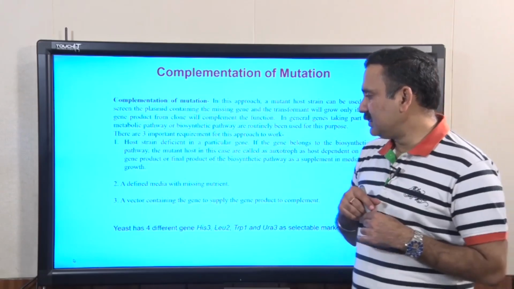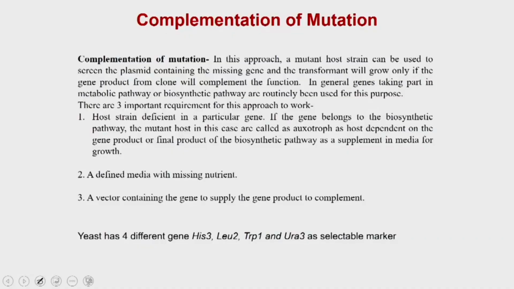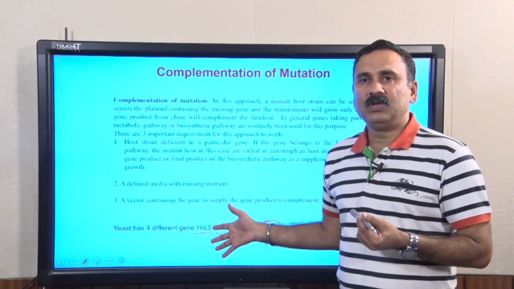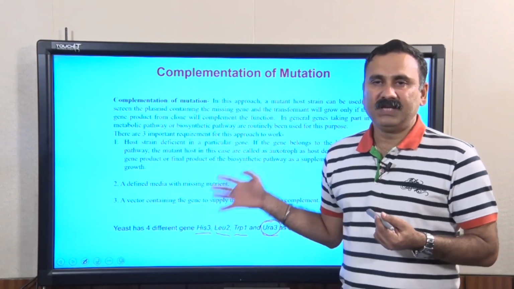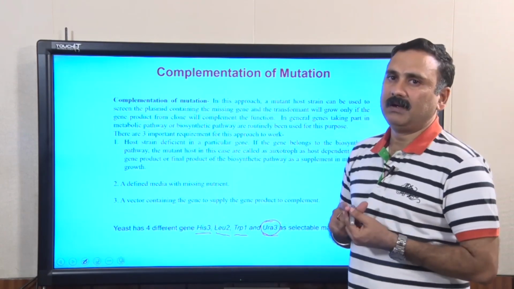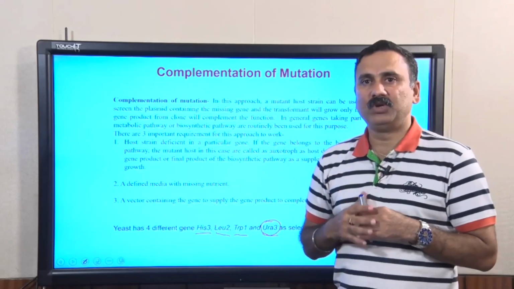So, yeast has 4 different genes which are part of this approach. These are the 4 genes of 4 different biosynthetic pathways, whether it is for histidine, leucine, tryptophan or uracil, and mutations in all these 4 genes are found in different yeast strains, and that is why you can use these genes for performing this approach, which is called the complementation of the mutations.